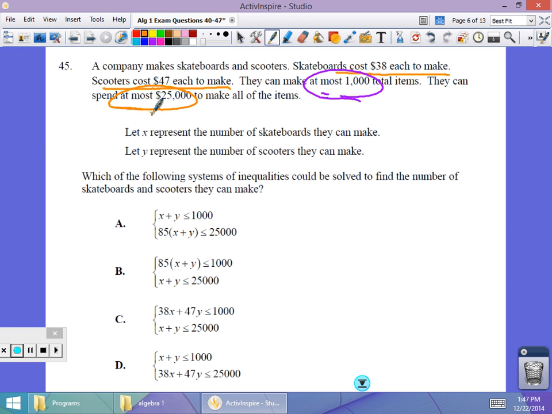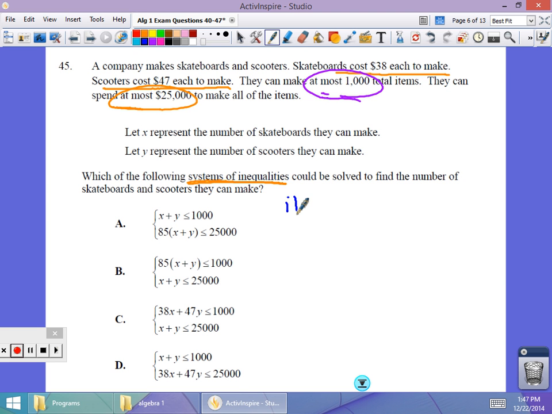X represents the number of skateboards and Y represents the number of scooters. So this is telling you about a system of inequalities. We need to look at our constraints to find out how many inequalities we need to create. Looking at the answer choices, it gives us 2, so that also helps. So we have 2 constraints here.